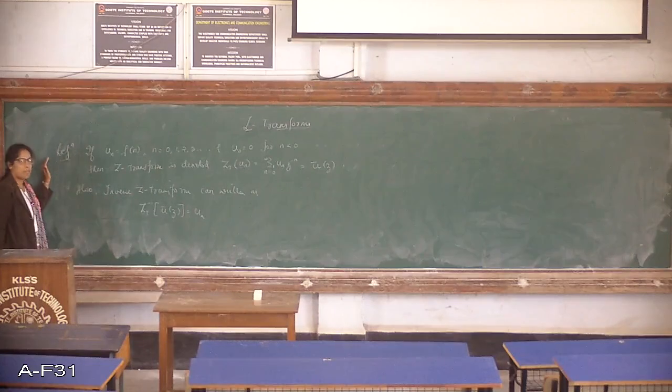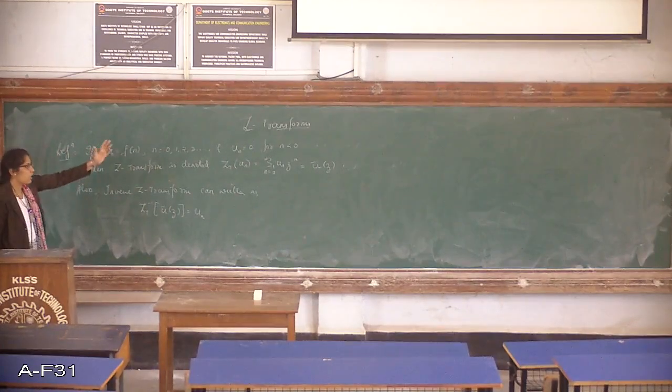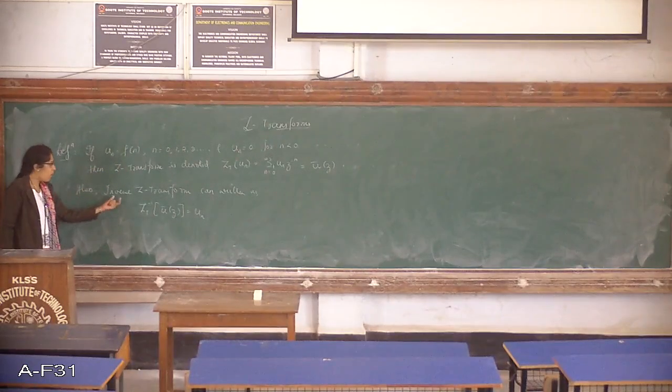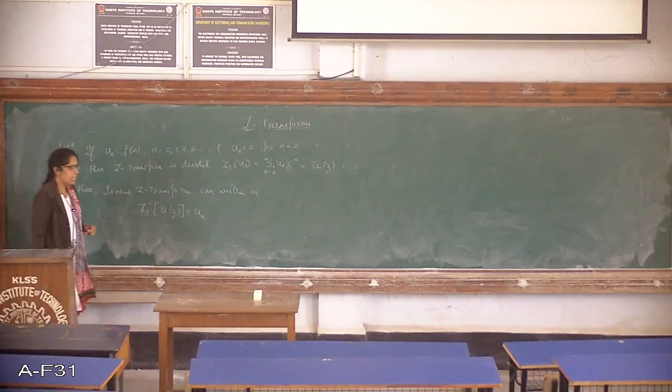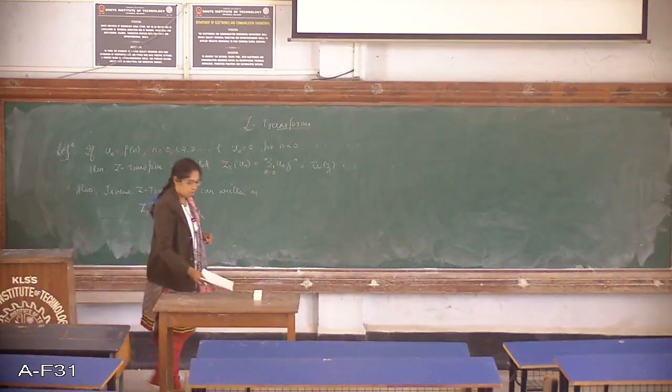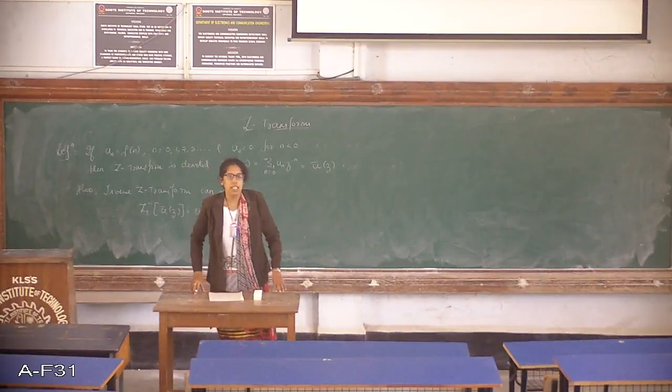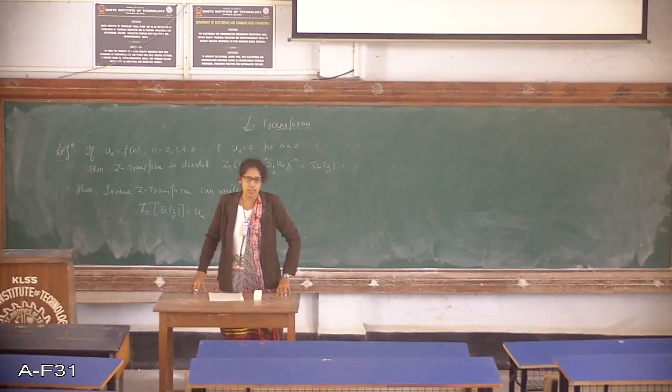So this is the basic definition of the Z transforms, how it is denoted and how it is defined. Also, we have talked about how the inverse Z transform can be written. With this definition, we shall now talk about the Z transforms of a few standard functions.